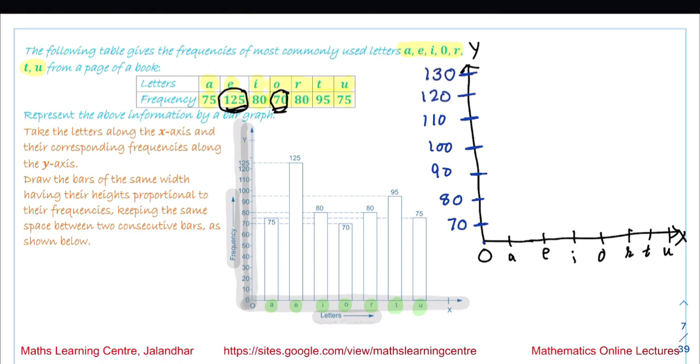Now the problem is that after 0 we are just writing 70. To remove this problem, this region is representing 70 points over here. So in place of joining these two points directly, we join them in this way. That is, we put a link over here.